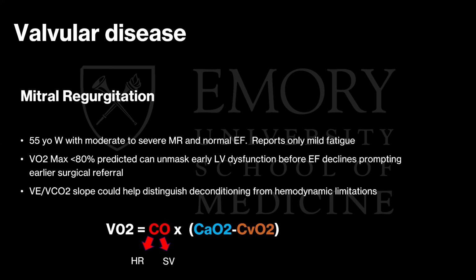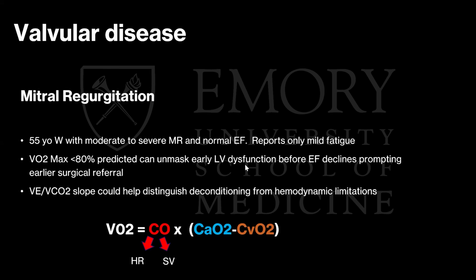If you put this person on a CPET test, you can look at the predicted VO2 max. Your predictor would be 220 minus your age, and you get your numbers from there. A person with a VO2 max of less than 80% predicted, or definitely below 20, which we know is a severe range, can be predicted to be heading toward LV dysfunction, because that's when you should be recommended for any type of valvular intervention.